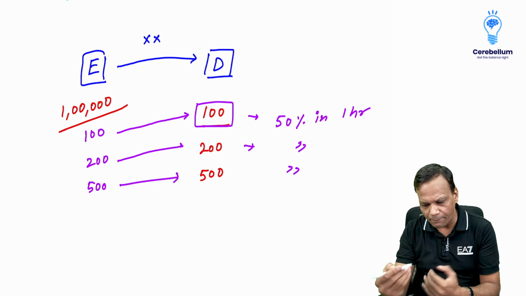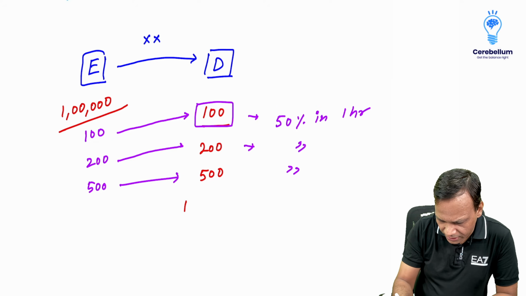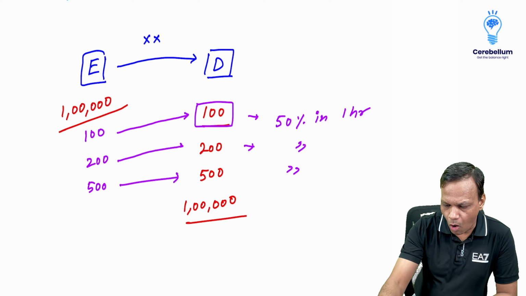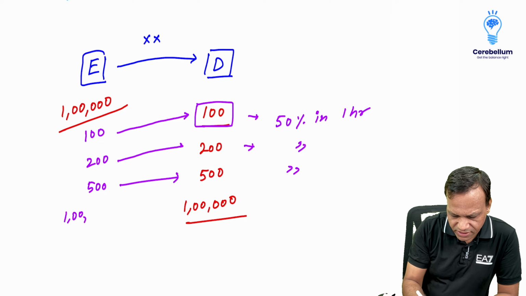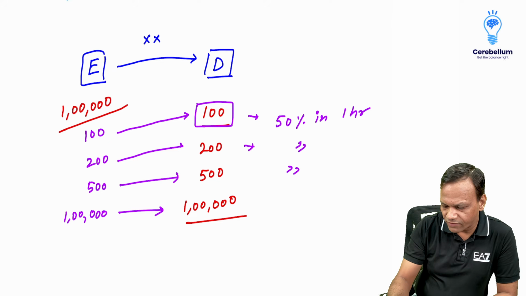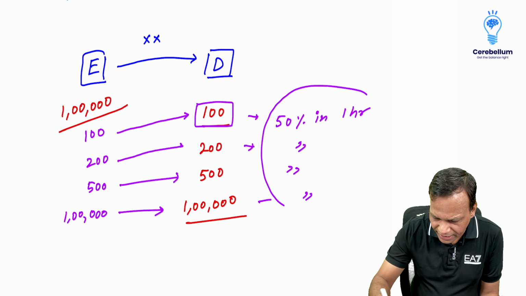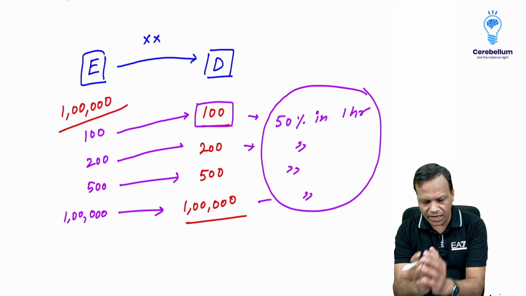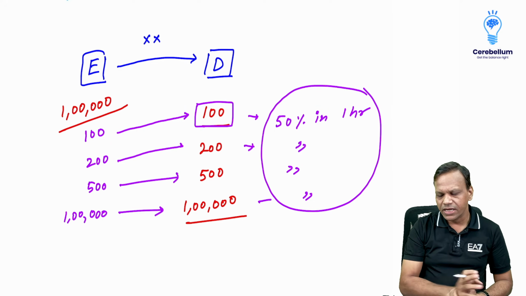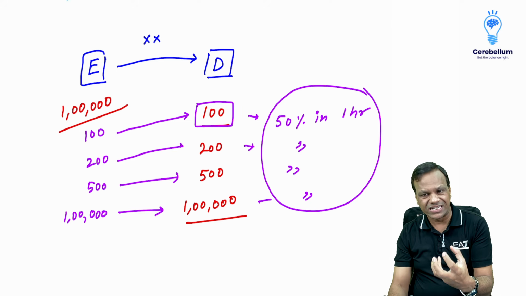This will keep on happening. If we give 100,000, that means 1 lakh drug molecules, now all 1 lakh enzymes will start working, and they will also break the same percentage in the same time. So that means till the time the number of drug molecules is less than the number of enzymes, it will be metabolized to the same percentage.